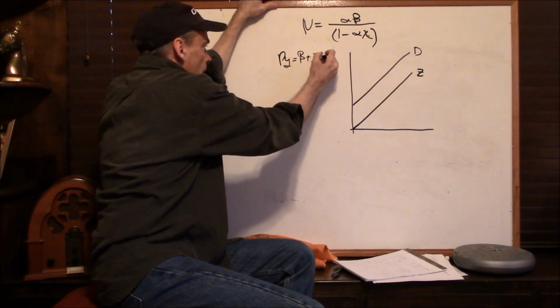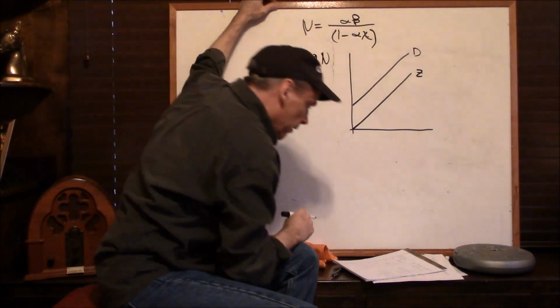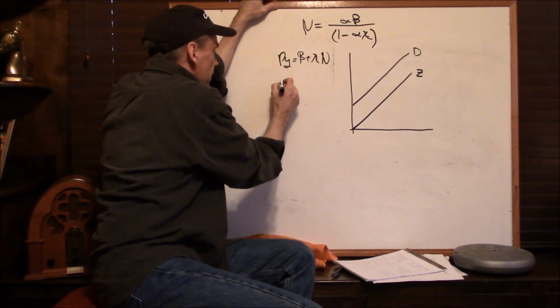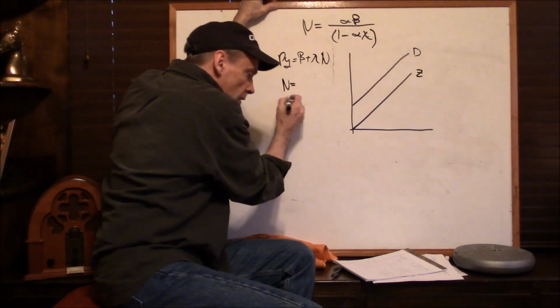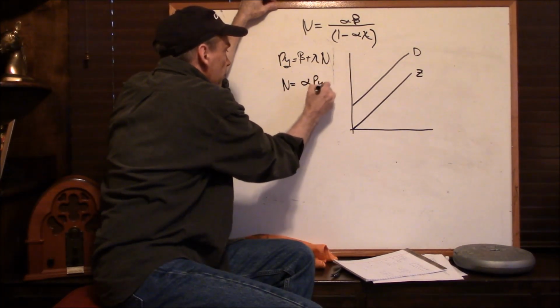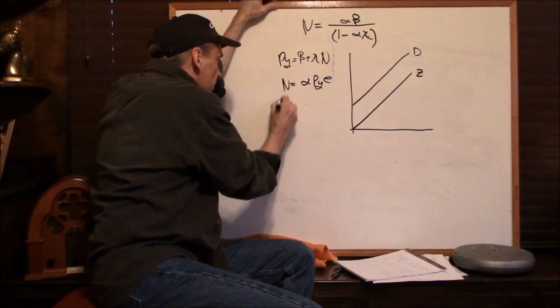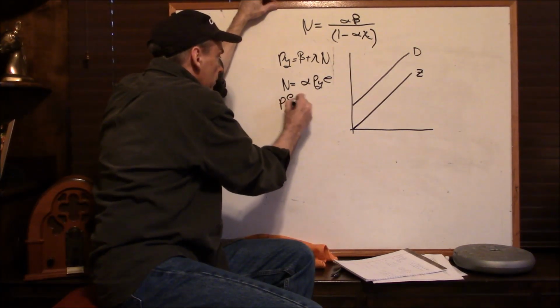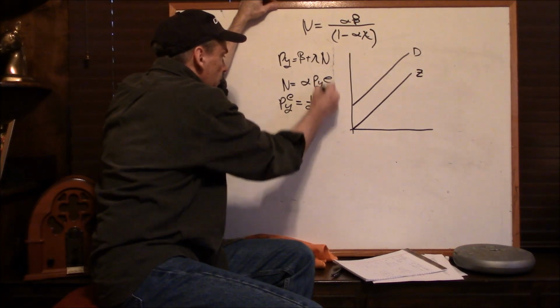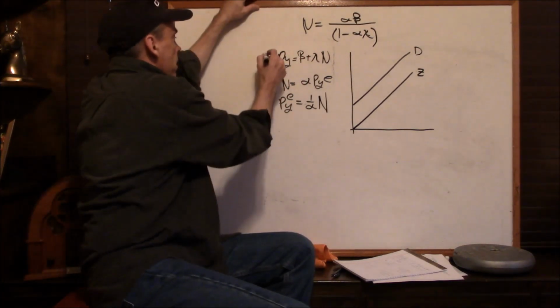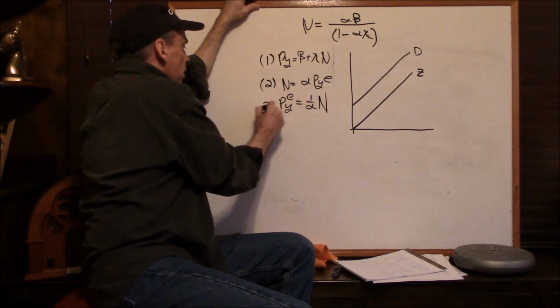I can't remember what I wrote. Okay, yeah, I think that's right. And then the z curve, we've got n equals that, but let's rearrange it. Yeah, there we go. We'll call that equation 1, equation 2, and equation 2 prime.